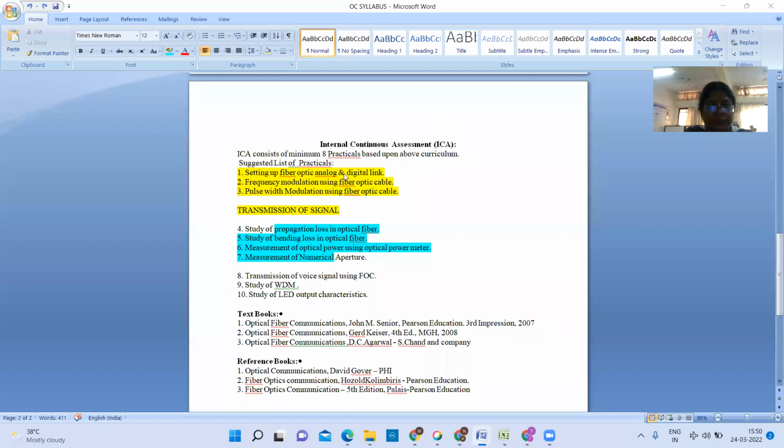Okay. So this propagation loss we have to calculate, then bending loss we have to calculate, and measurement of optical power using optical power meter. So I will show you that instrument, the optical power meter. See, I hope you are able to see this. Is it visible?